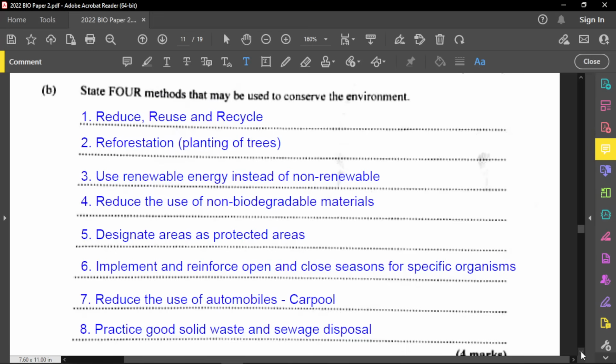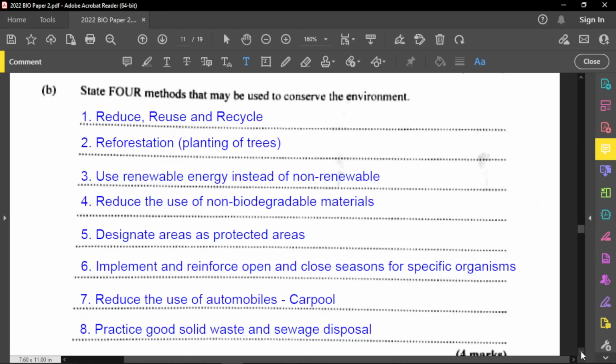We can also do reforestation, planting or replanting of trees. We can use renewable energy instead of non-renewable energy. We can reduce the use of non-biodegradable materials. We can designate areas as protected areas, such as parks, national parks, and so on. We can do all of that.